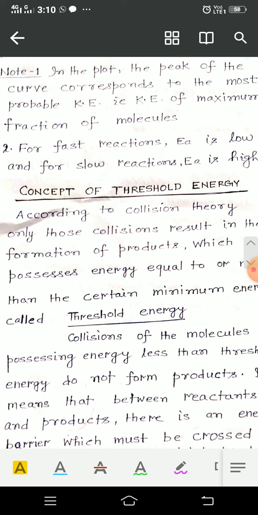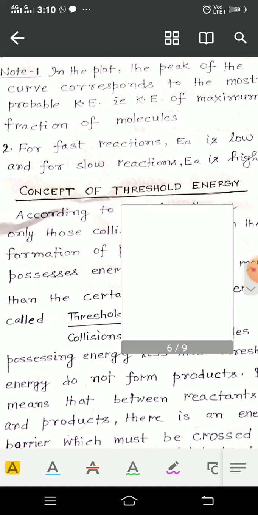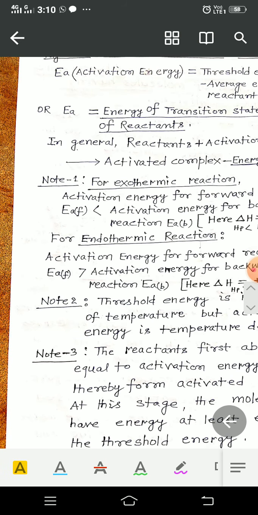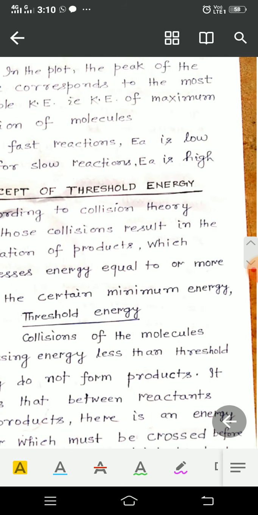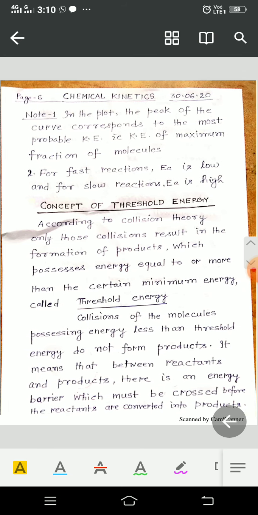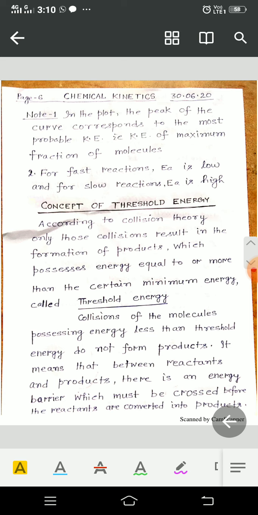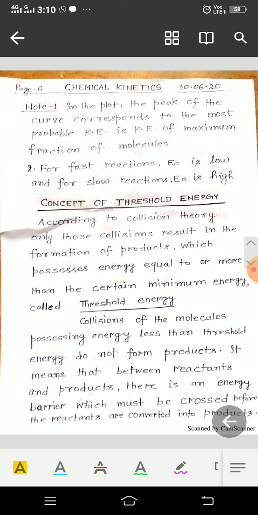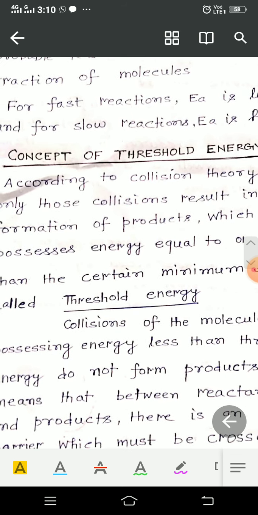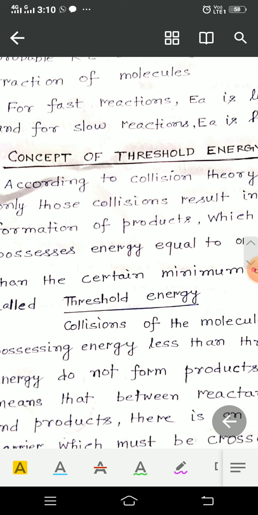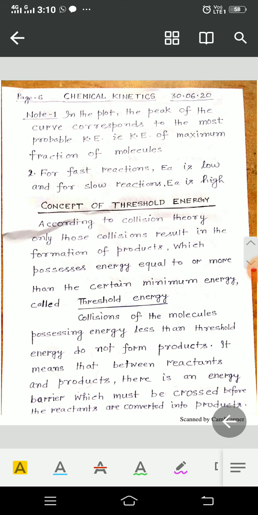It means that between reactants and products there is an energy barrier which must be crossed before the reactants are converted into products.